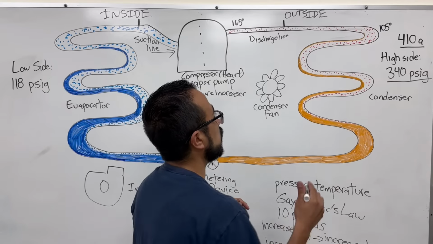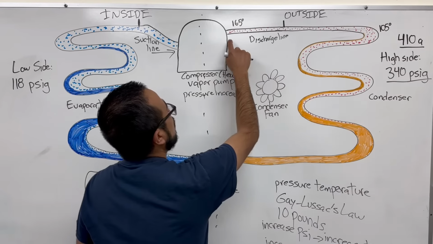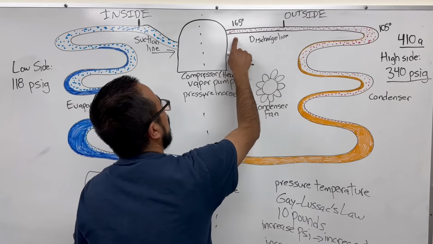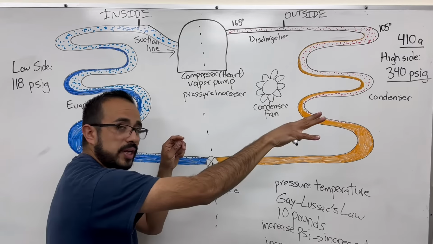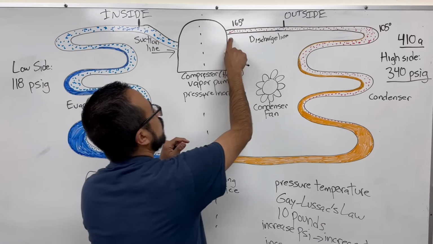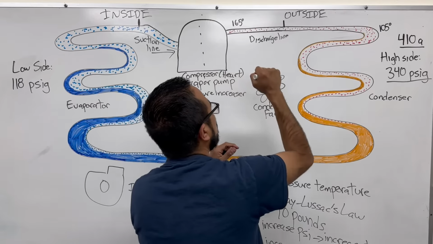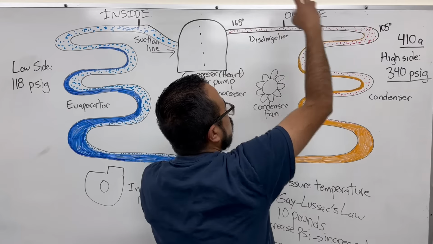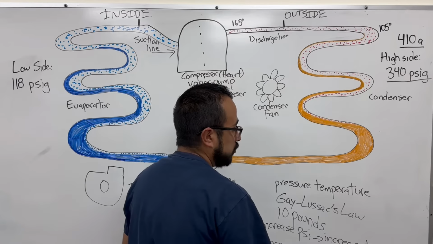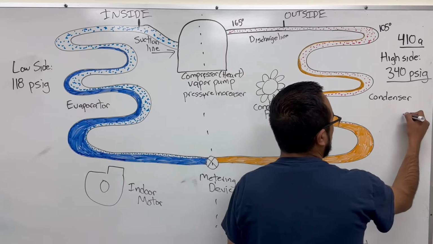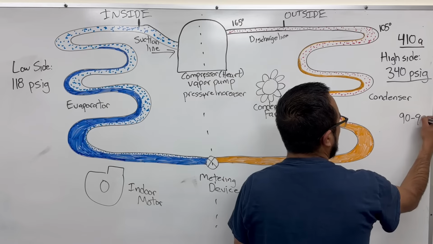This is important here. So the discharge line, and remember suction is sucking in, discharge coming out, right? So 165 degrees, hot to touch, because let's say outside the house it's maybe between 90 and 95 degrees.